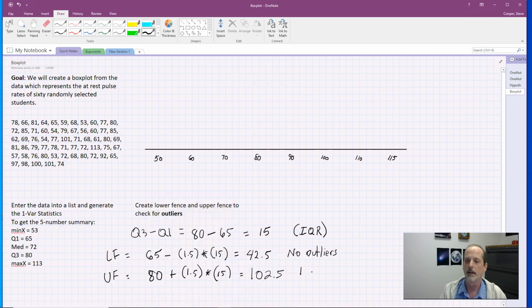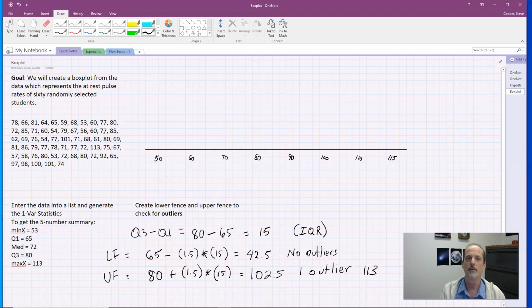But there's one outlier in our data set, and that's going to be the 113. Because as you peruse this, and if you sorted it in your list, you would see that the only value above 102.5 is 113, and the next value, 101, is the closest value to the fence.